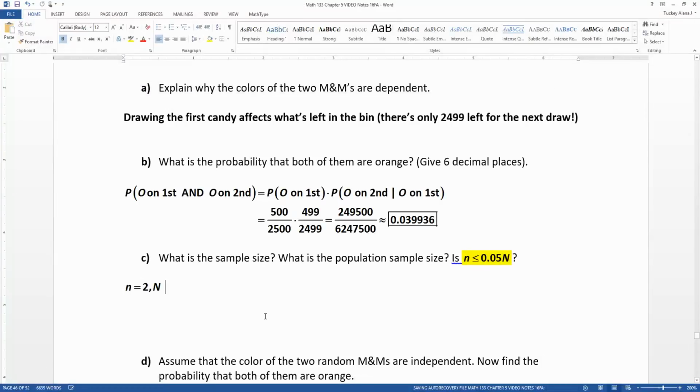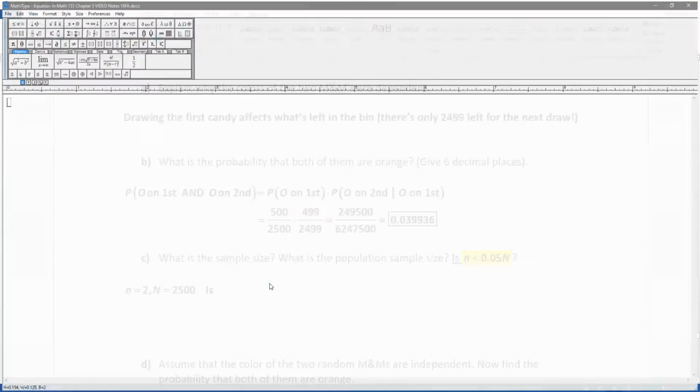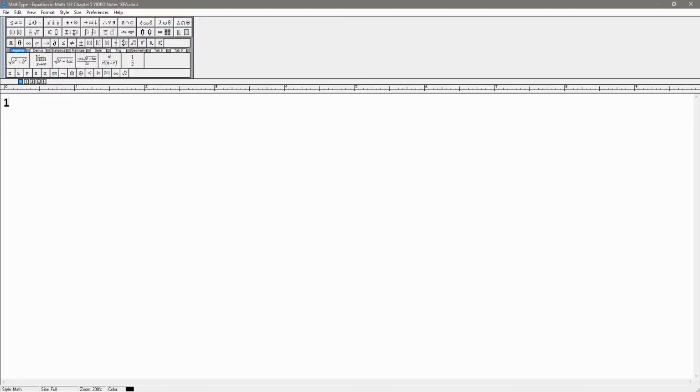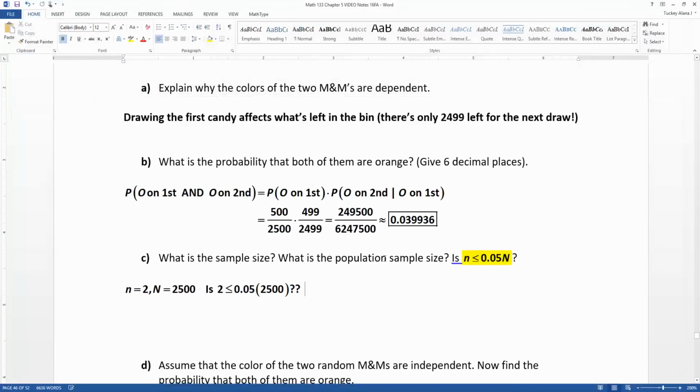Now we have to ask ourselves, is little n less than or equal to 0.05 capital N? In order to do that, we want to know if 2 is less than or equal to 0.05 times capital N. They write it like that, but what they really mean is multiplication. So I need to multiply 0.05 times 2,500 and I'll find this out. Matter of fact, let's just do it that way.